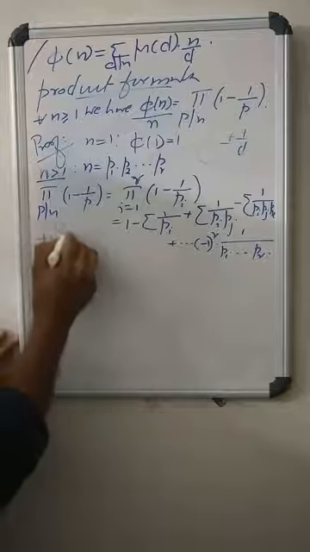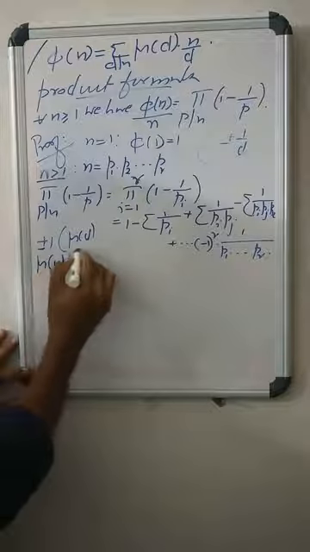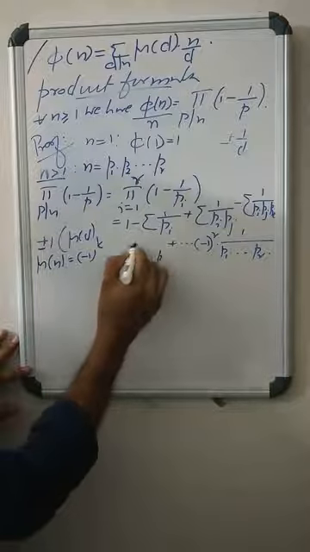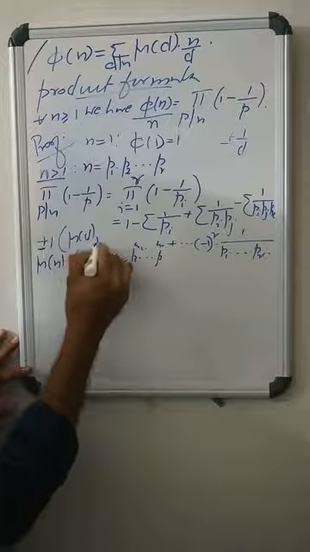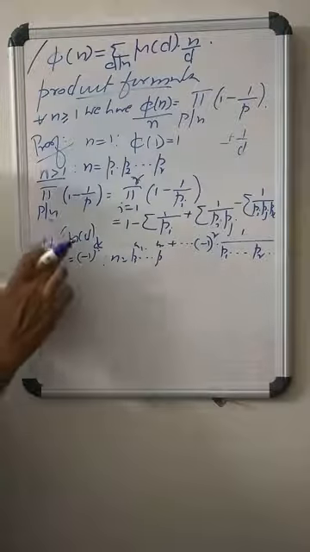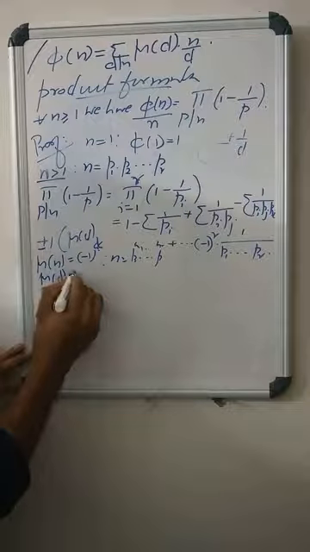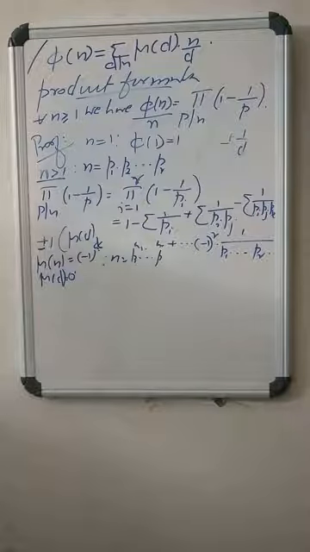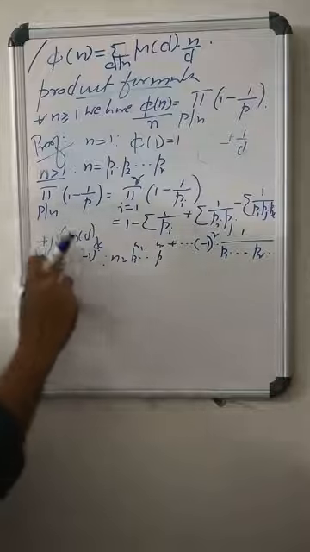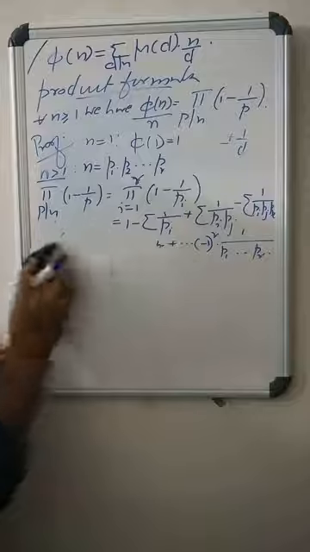Plus or minus 1 is actually mu of d. We already know that mu of n equals minus 1 power k when n equals p1 etc. pk, a product of k distinct primes, and mu of d equals 0 whenever d has a square factor. So clearly this plus or minus 1, the numerator, is exactly mu of d.